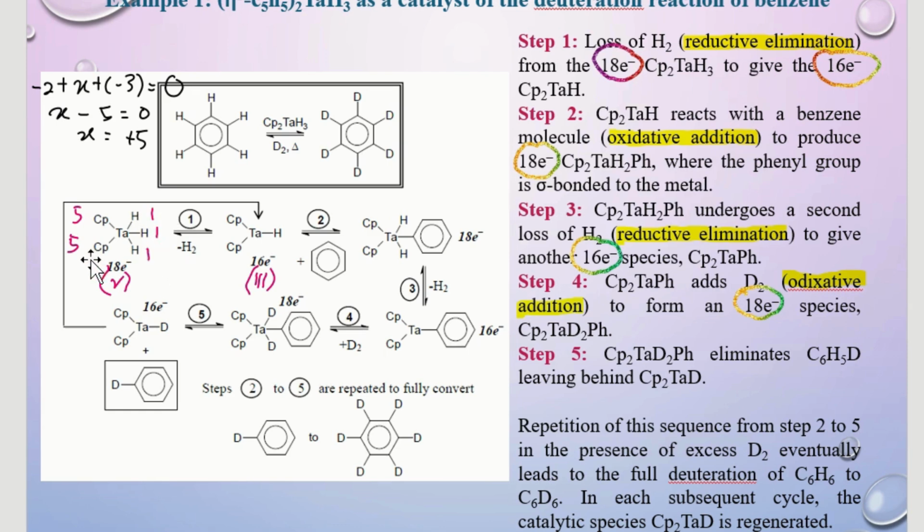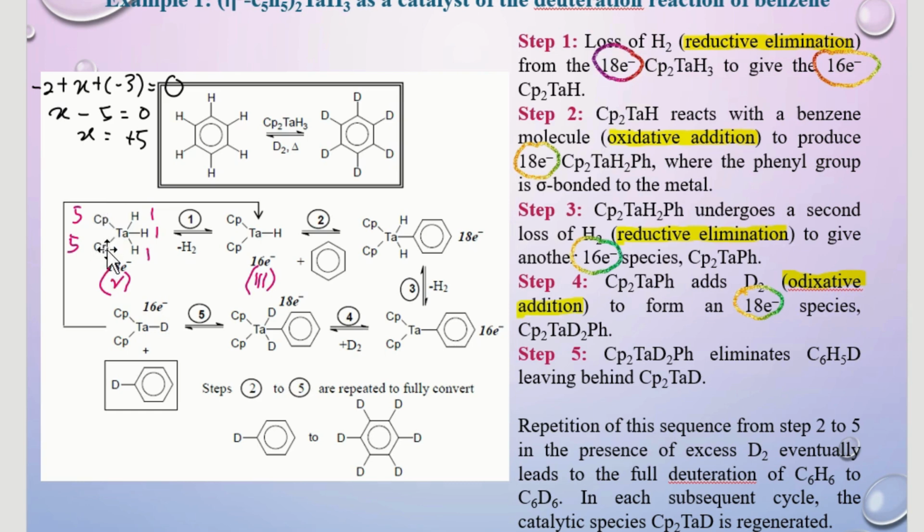Then for our central metal, tantalum, group 5, so it has 5 electrons. For 5 times 3 equal to 15, 15 plus 3, so the total is 18 electrons.